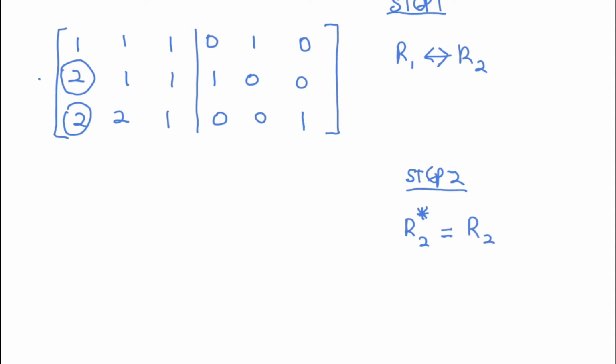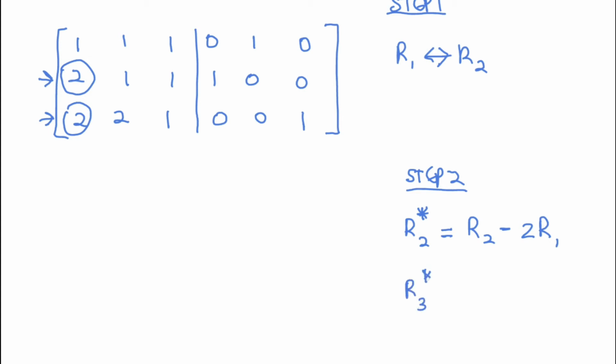Since here is 2, 2 minus 2 is 0, so we minus it with 2 row 1, the leading diagonal's row, because row 1 is already 1. Same goes for row 3.